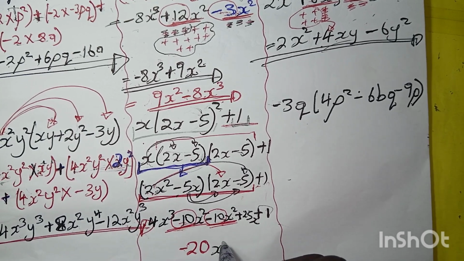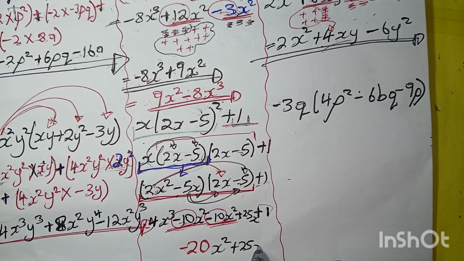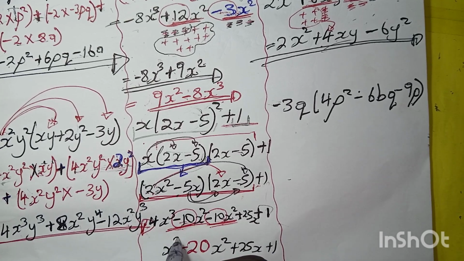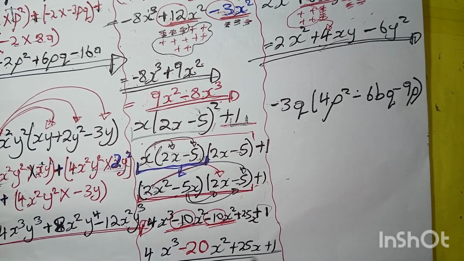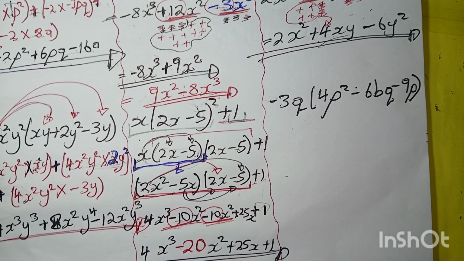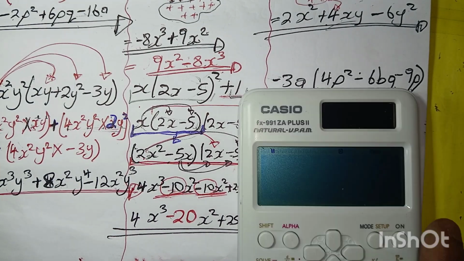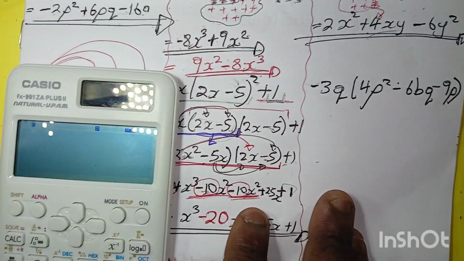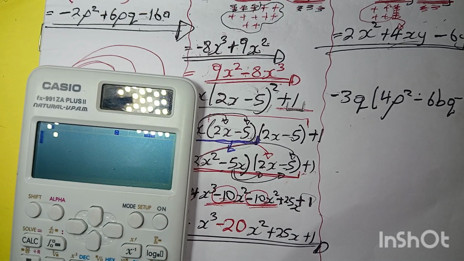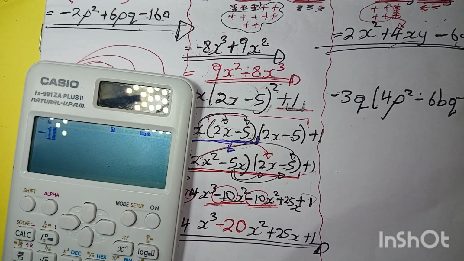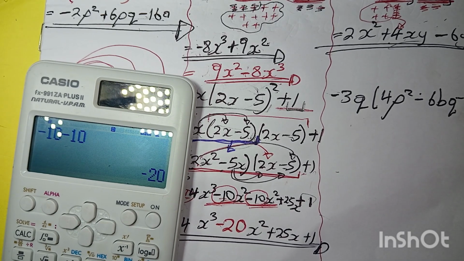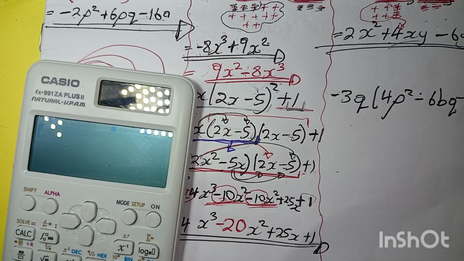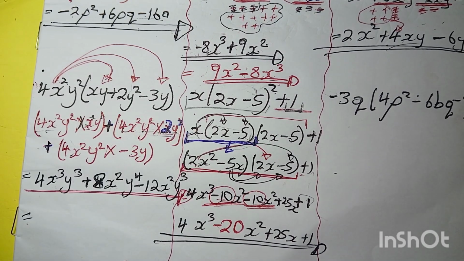Negative 20x squared plus 25x plus 1 x cubed 4. Then if you don't believe me, let me just show you. Here it's minus 10, minus 10. Do you see? I told you. So this one is the answer.